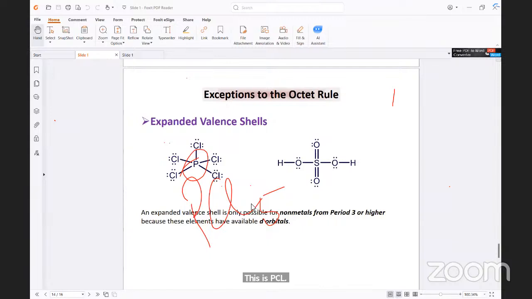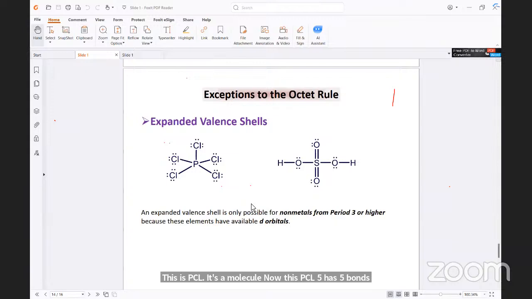Now this PCl5 has 5 bonds, and if you count them, you have a total of 10 electrons in phosphorus. Those 10 electrons in phosphorus tell us that we have an expanded valence, and it has violated the octet rule. Octet means only 8, but here we have 10.